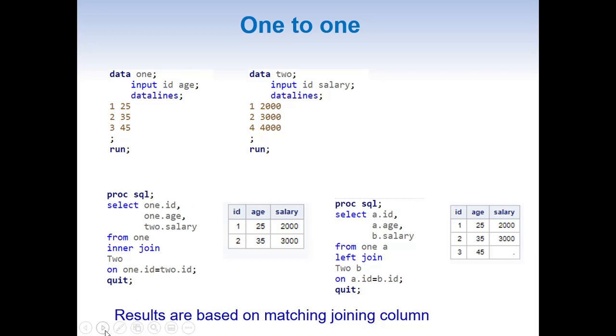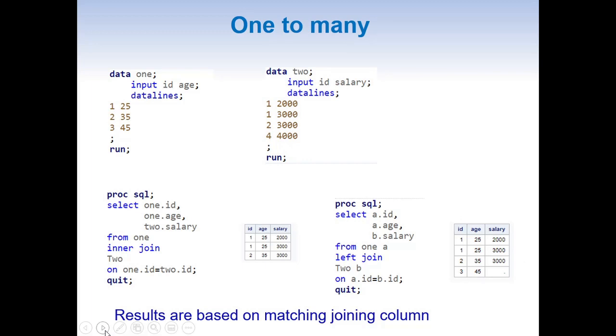Now let's look into one-to-many. In one-to-many, what I have done to show that concept is I've added many 1 IDs in here, and then we are doing the same inner join and the left join here.